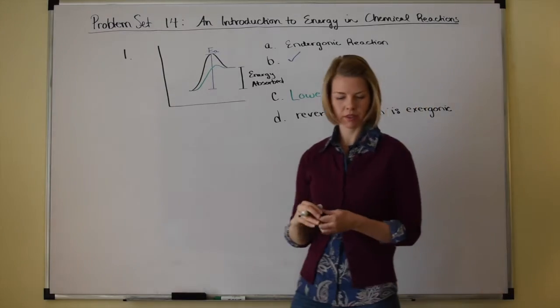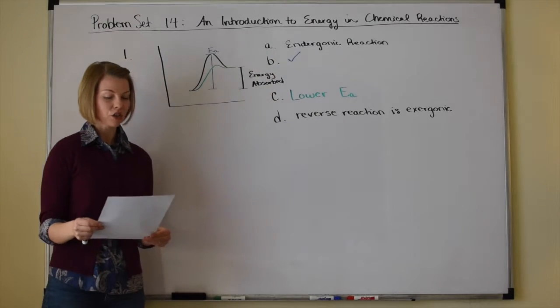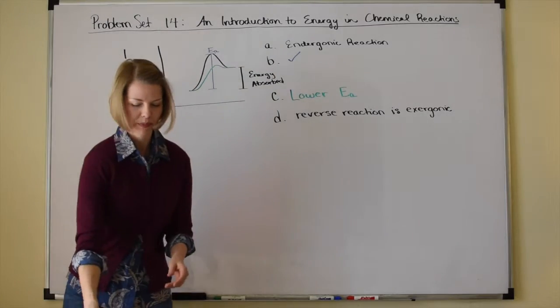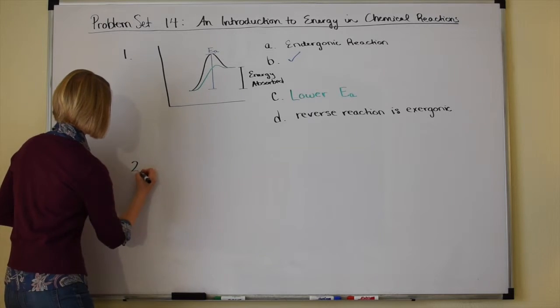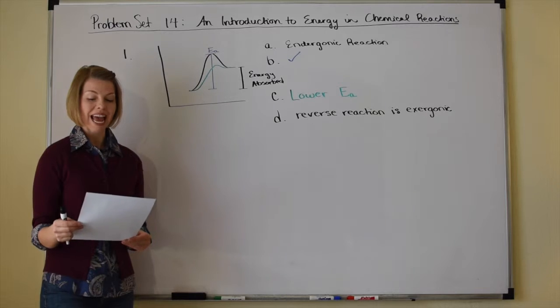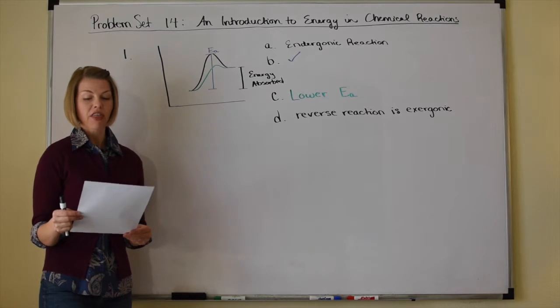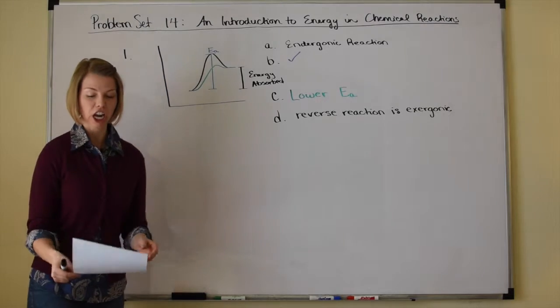Okay. And that finishes up number one. So going on to number two. Draw a generic energy diagram for an exergonic reaction that occurs slowly with a large free energy change.